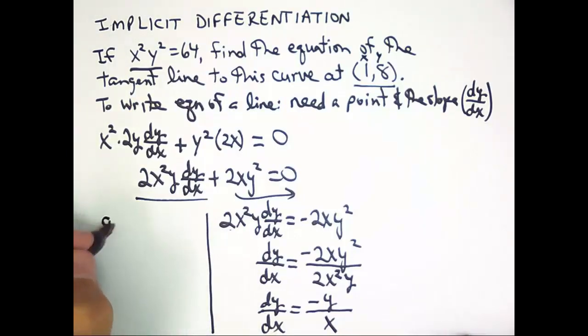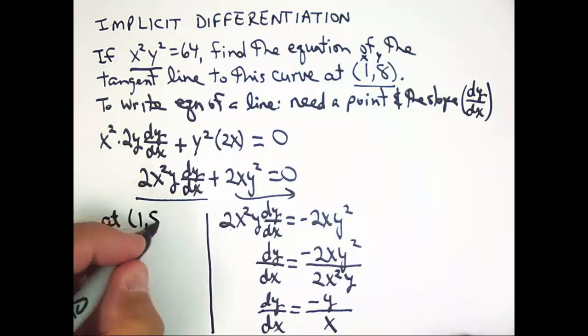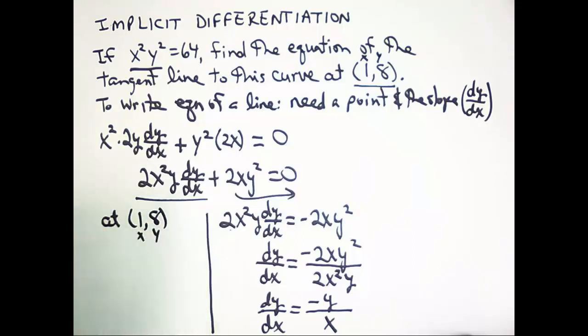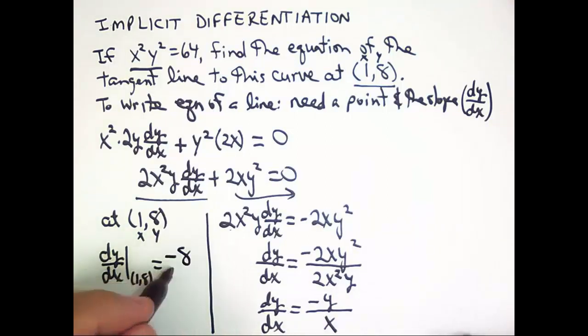So at the point 1 comma 8, where x is 1 and y is 8, dy over dx, and I'll write it this way, at the point 1 comma 8 is going to be negative whatever y is, which would be 8, divided by whatever x is, which is 1. So the slope of the line that we're looking for is just negative 8 over 1, which is negative 8.